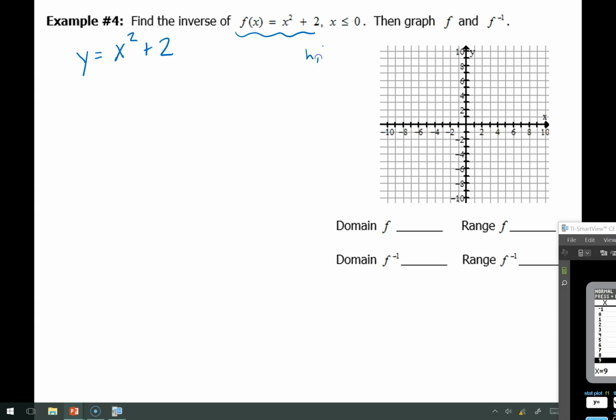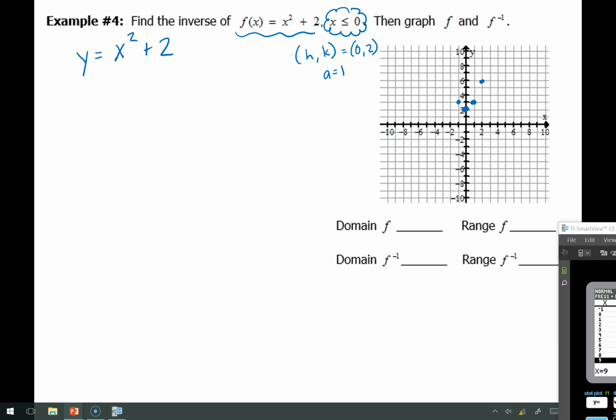The h, k in this function is 0, 2, and a is just equal to 1. So that means this parabola is going to have a vertex at 0, 2, and then it's going to be just like the parent. So when we go over 2, we're going to go up 4. Now, I just made a small mistake here. Do you see what I did?